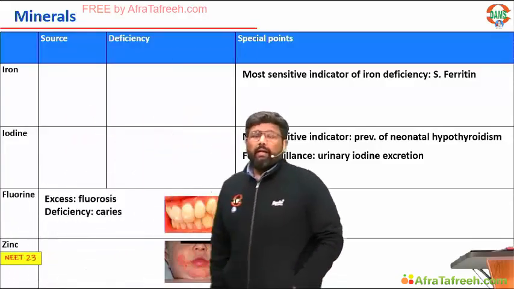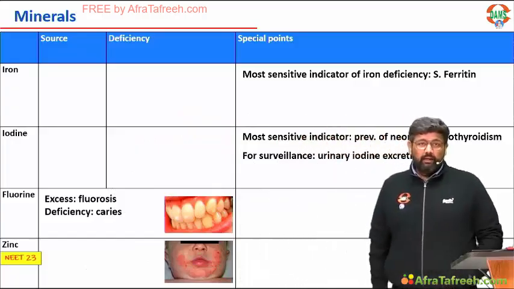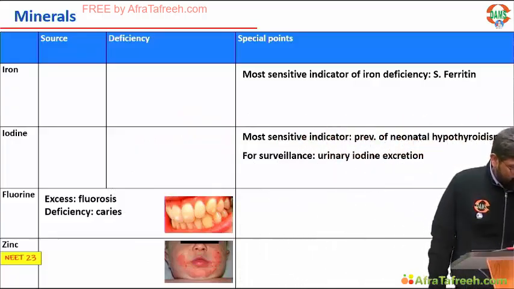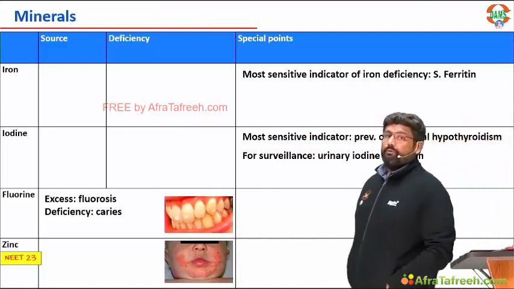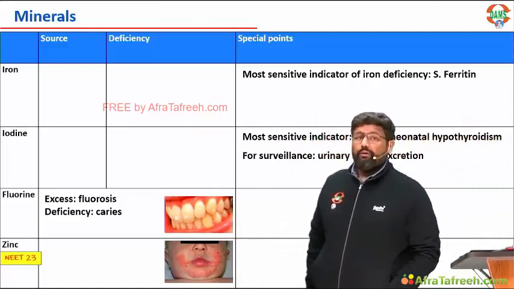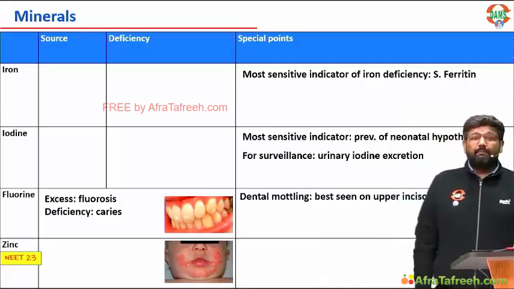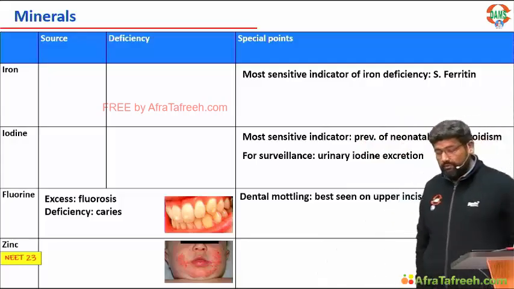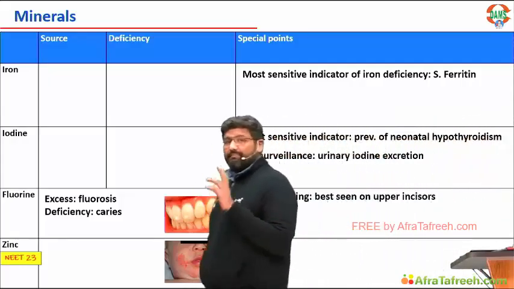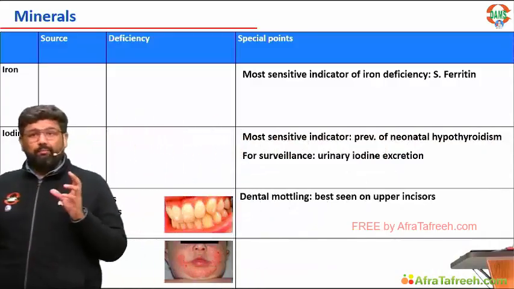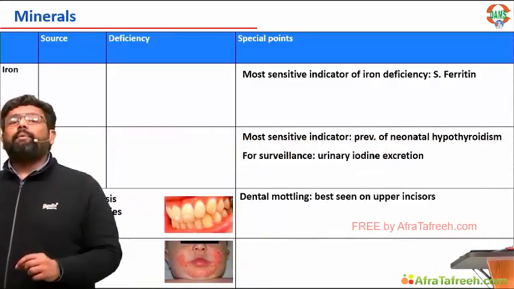Now, if I talk about fluorine, if fluorine is in excess, it causes fluorosis. If deficient, it causes caries. Fluorosis is initially best seen as dental mottling, best seen on the upper incisor.